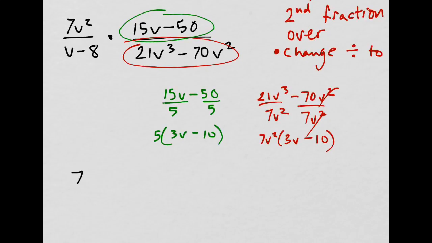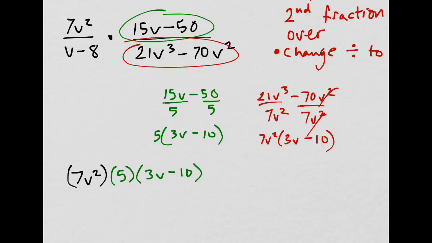So I get 7v squared, and then I guess I'll put that in parentheses. Remember, you change this to just one line. So in the top it was green, so I'll put parentheses around the 5, 3v minus 10.